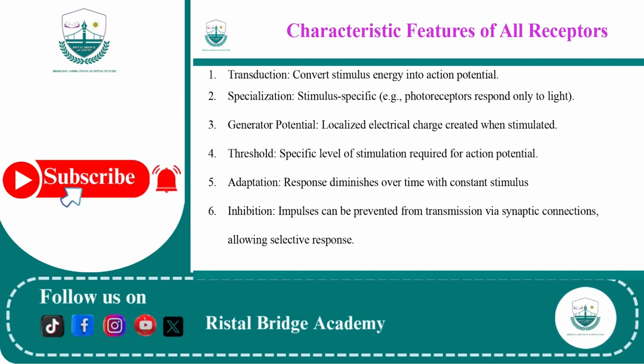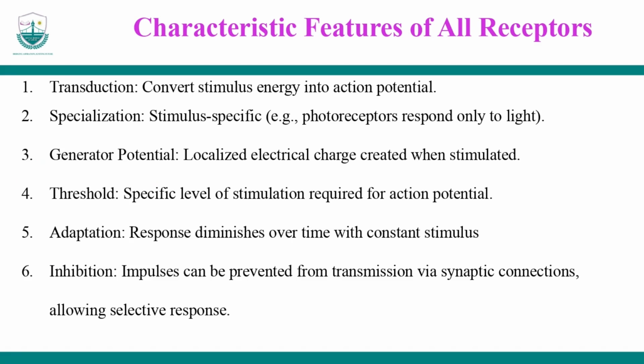And then these receptors can actually be inhibited, meaning that they can be stopped from working. That is inhibition. Inhibition can be because of certain chemicals that are antagonistic. It can be because of drugs, drugs that are antagonistic, for example, or because of poison. And remember that these sensory receptors are actually connected.